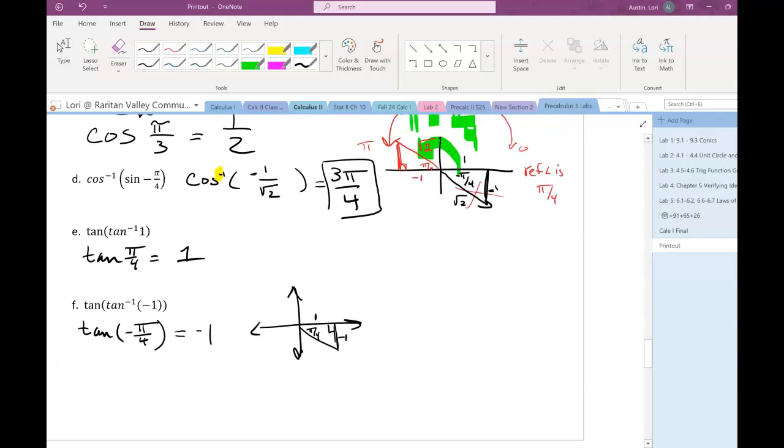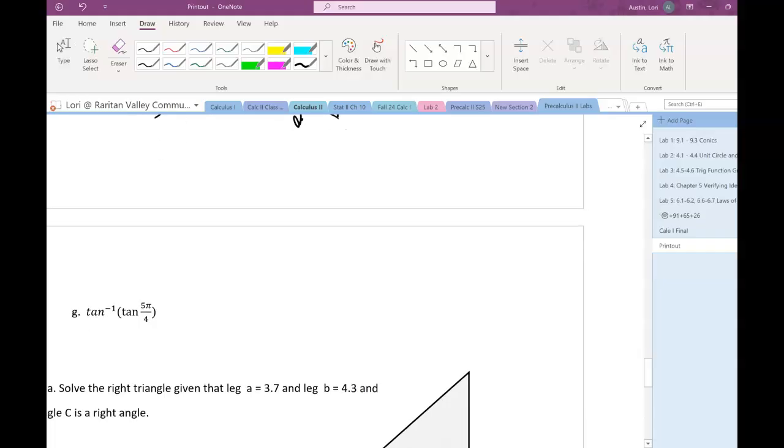All right. One more with our tans. Let's do tan inverse of tan of 5 pi over 4. This is not an inverse function at first. You just have to draw your reference angle. 5 pi over 4 ends up over here. There's your pi over 4, so it's 1, 1.